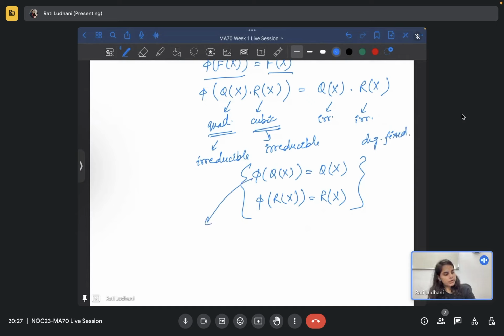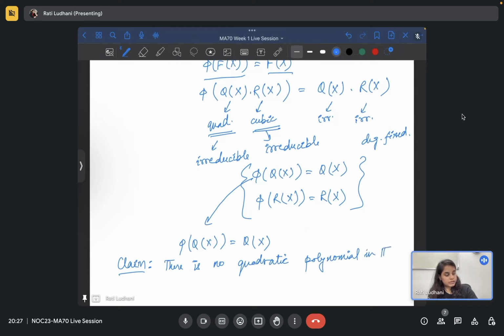Now when you see this quadratic, phi of q(x) maps to q(x), so what will be the claim? There is no quadratic polynomial in Z5[x] which is fixed by phi.